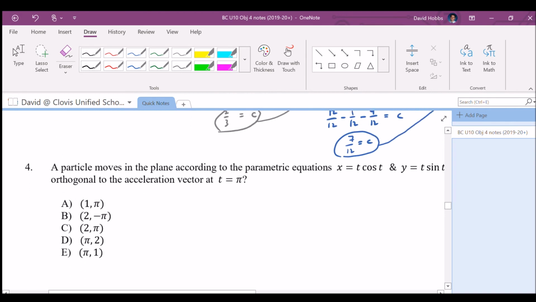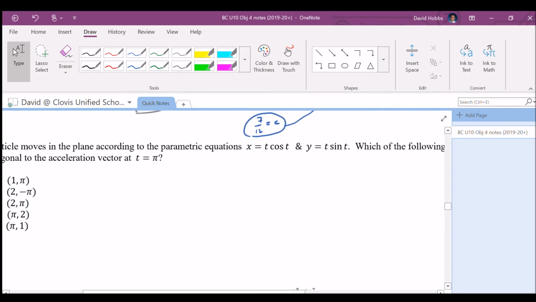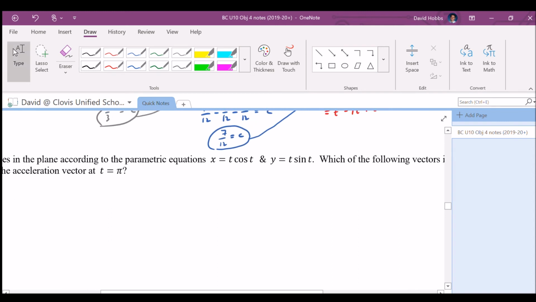Okay, moving on. A particle moves in the plane according to the parametric equations. Remember, parametric equations are just vectors.